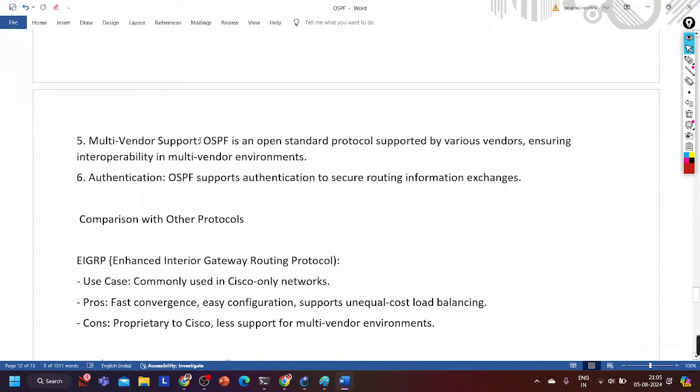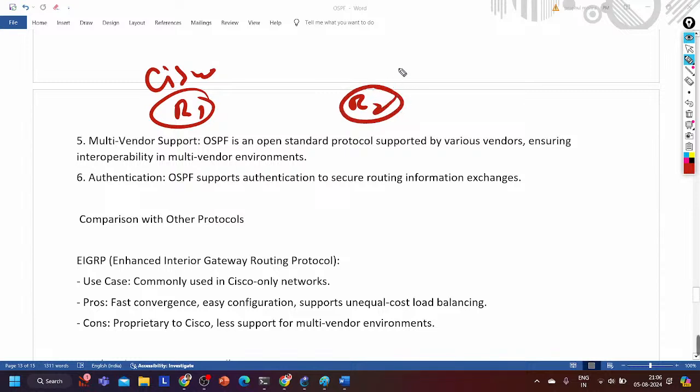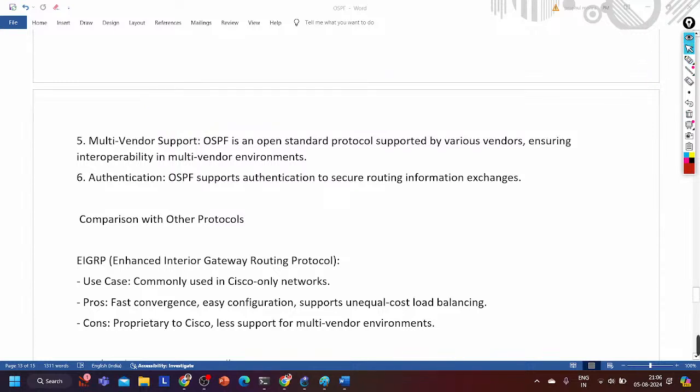Multi-vendor support. As OSPF is an open standard protocol, let's suppose I have two routers, one in branch 1 which is a Cisco router, and one in branch 2 which is a Juniper router, right? So here we need an open standard routing protocol, and OSPF is an open standard routing protocol.